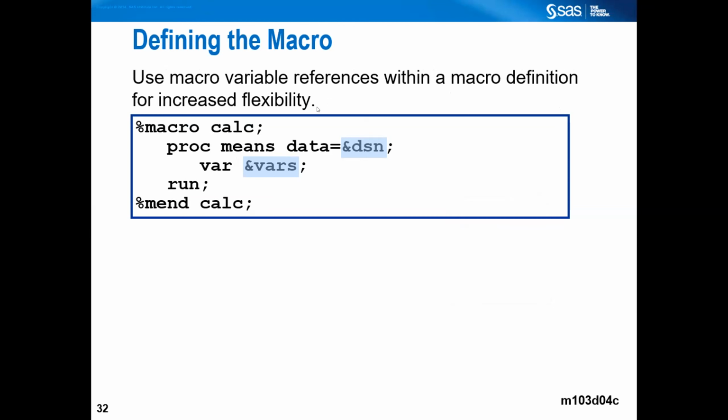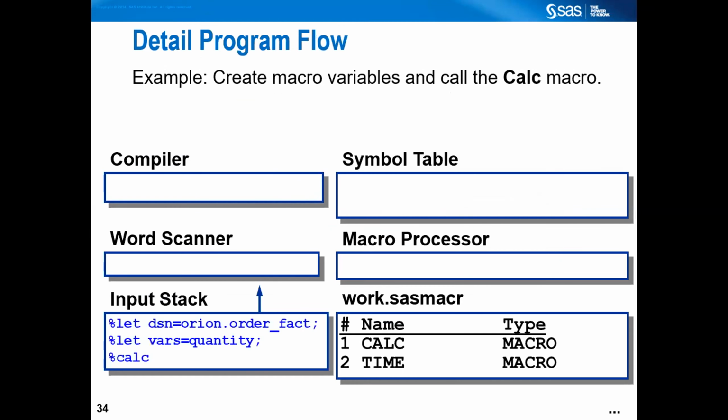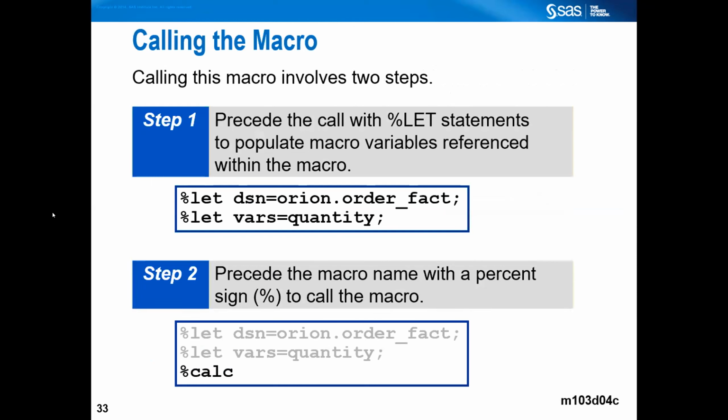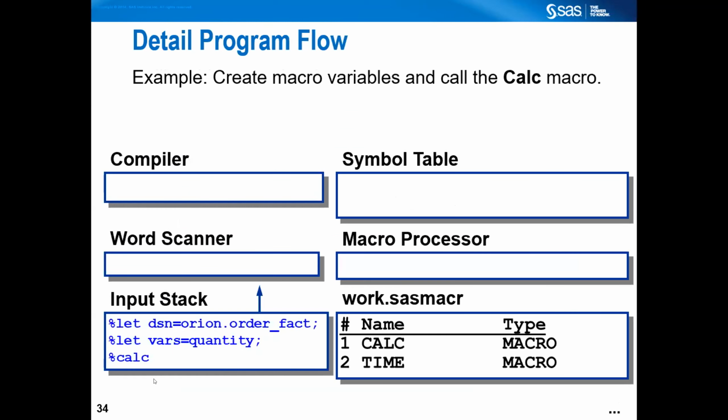So while calling, you call with these statements. %let dsn be your dataset name. %let vars be your analysis variable name. Precede these before calling your macro, and when you call your macro along with these statements, it will first execute the %let statement. It will go to the word scanner. Because it's a macro trigger, it goes to the macro processor.